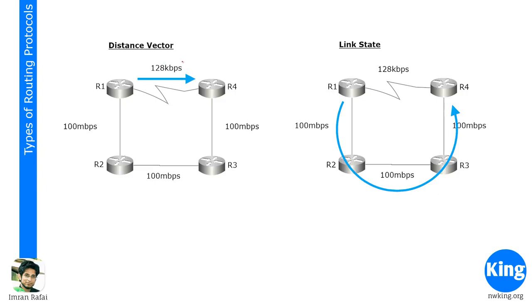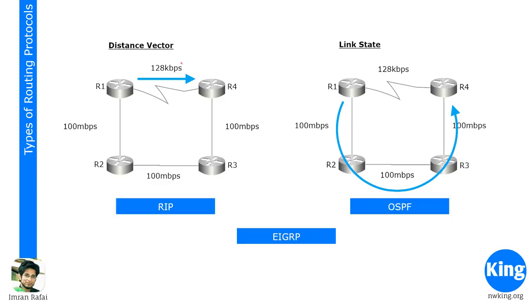But if you're running, for instance, RIP, which is distance vector, on this router 1 table, let's say we have some network here, we have some network here, and let's say this is the 10 dot network and this is the 40 dot network.